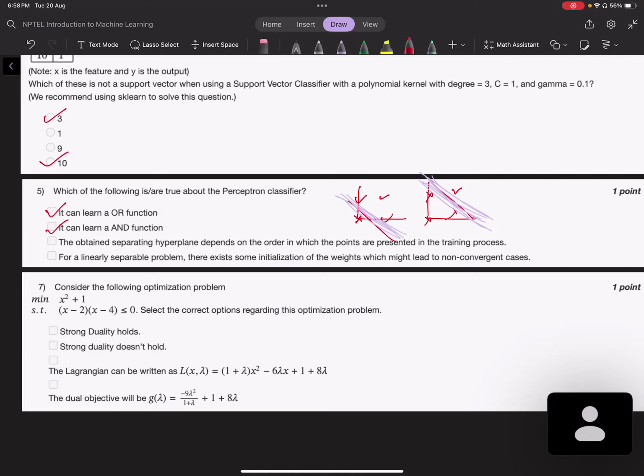It is true. The resultant hyperplane will depend on the order in which it is presented, but the actual results, like the accuracy, or the F1 score in case of anomaly detection, all these metrics will be nearly equal across infinitely many permutations of shuffling.